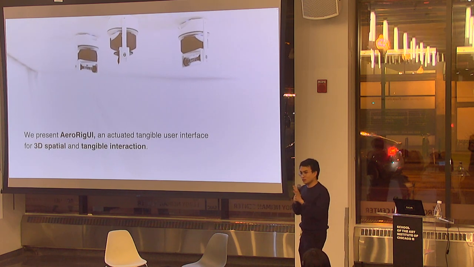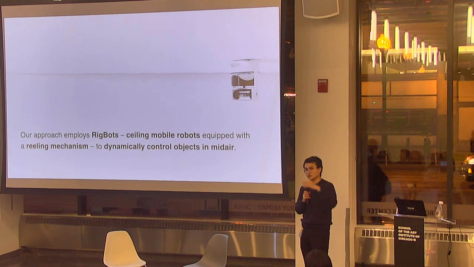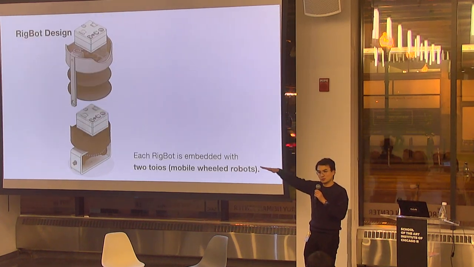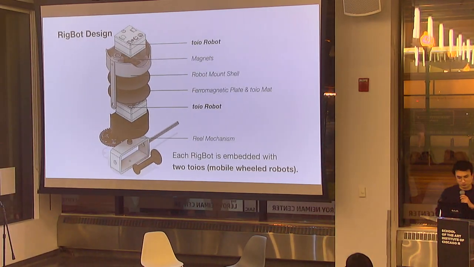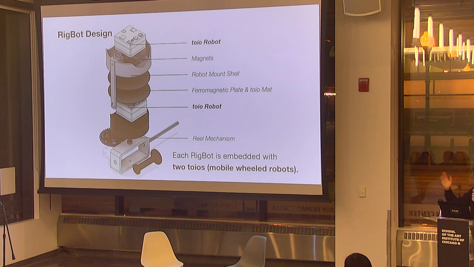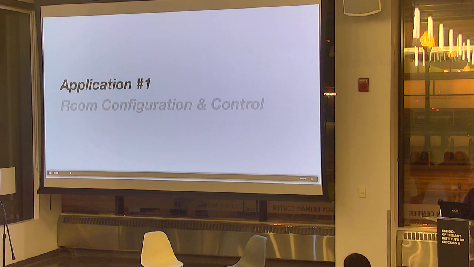So in this work, we now deploy these robots onto the ceiling surface using magnets. The ceiling has these metal plates basically. We can have magnets embedded into these robots that can also dynamically control the reel mechanism, so you can control the string. So you have full access to the 3D space environments from the ceiling.